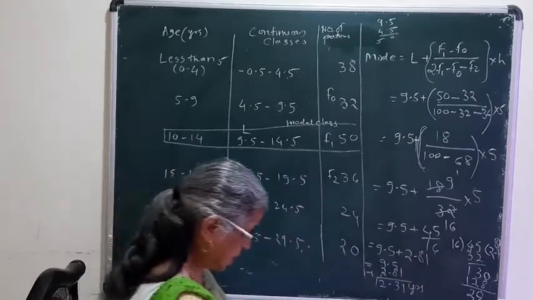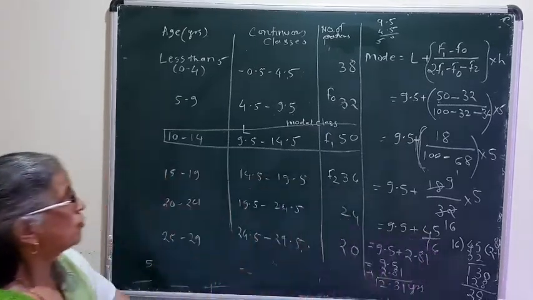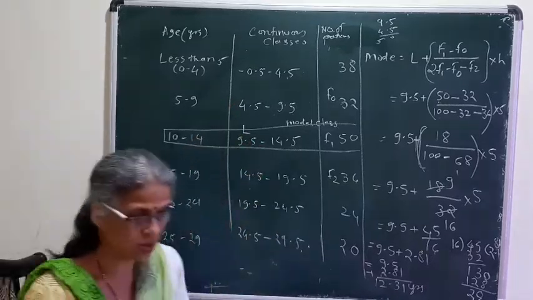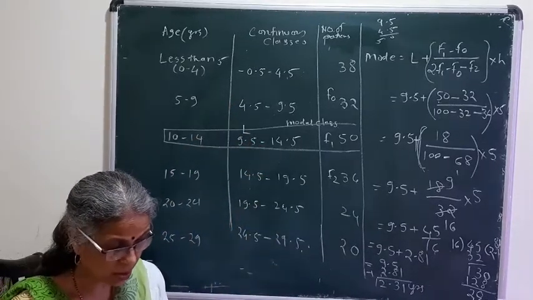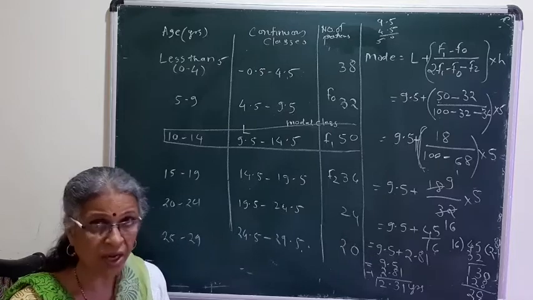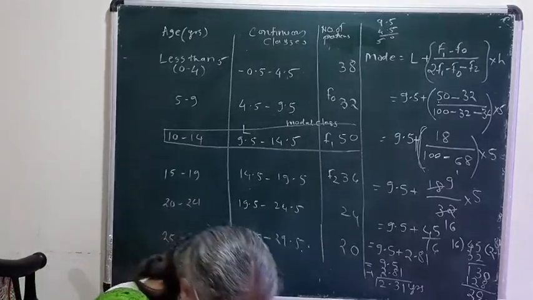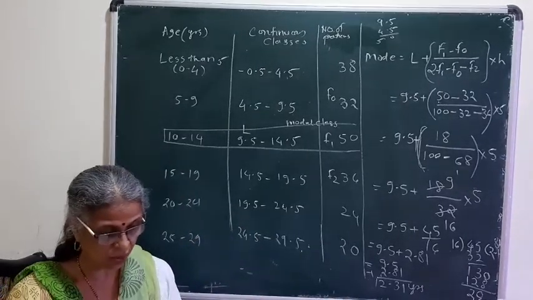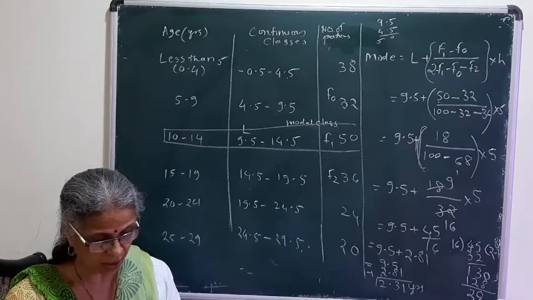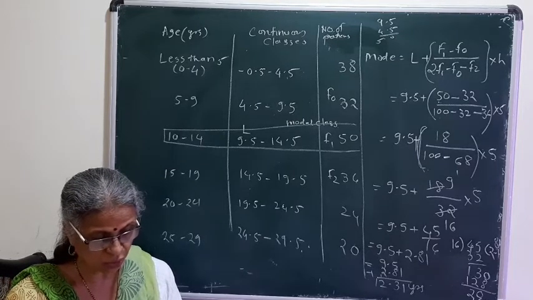Followed? So that is how you are going to solve whenever the classes are not continuous. They have given one short example, page number 148, in which the classes are not continuous. Classes they have given 1 to 3, 4 to 6, 7 to 9, 10 to 12, 13 to 15.